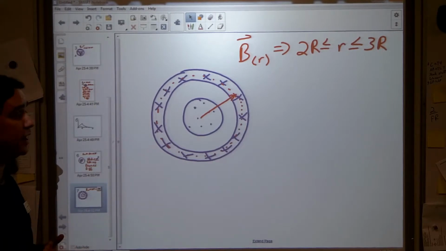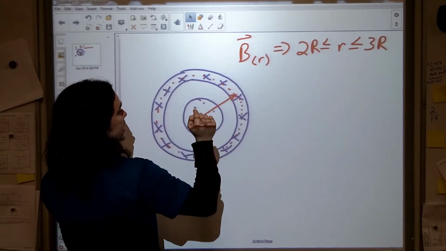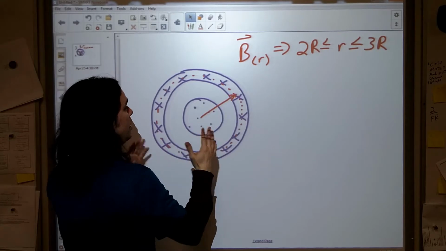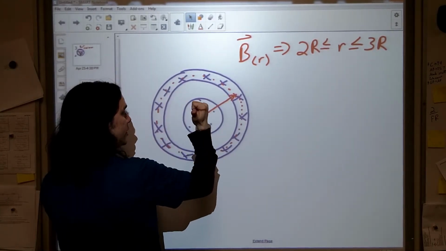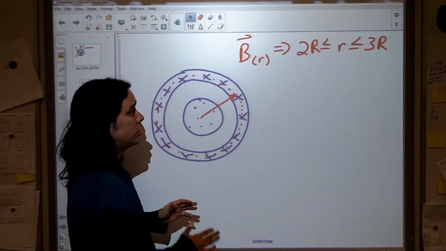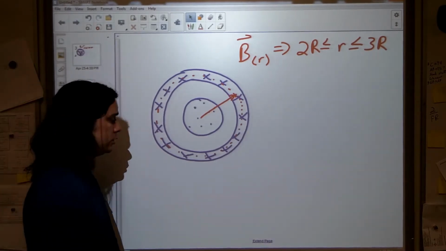And your current does have a direction along with it. So we've got I coming out of the board, and once we get to the outside edge, we will have I going into the board, and they're going to work against each other. But while we are only part way out, we have total I coming out of the board, and only part of I going into the board. So our trickiest part is going to be to find the current enclosed.